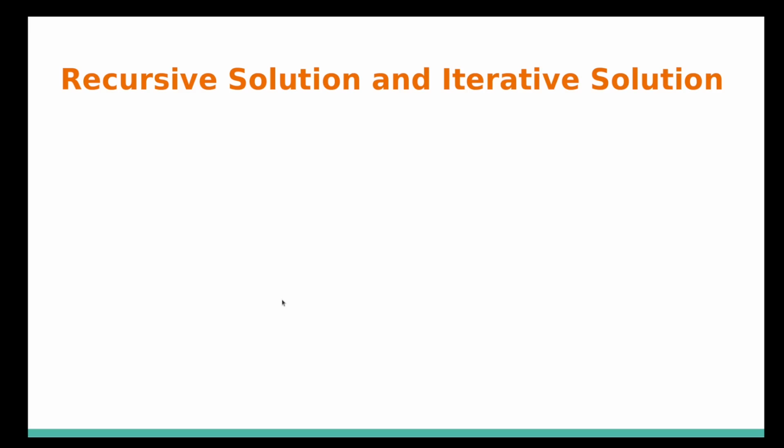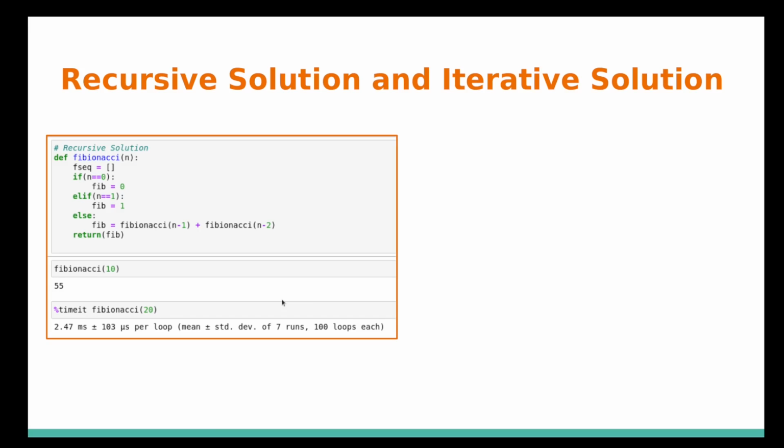So, recursive solution versus iterative solution, this is my recursive solution. Again, fairly simple code. I define a function fibonacci(n), and I'm defining a Fibonacci sequence here. If n is equal to 0, my Fibonacci number is equal to 0. elif, which is basically saying if n is equal to 1, then my Fibonacci number is equal to 1.